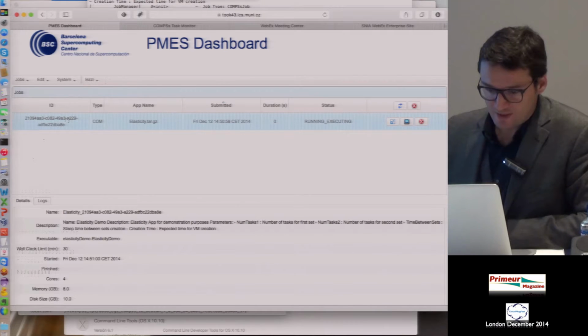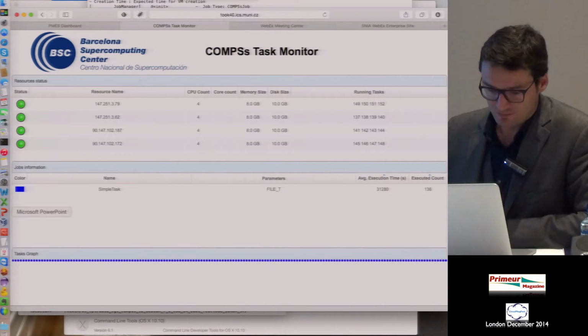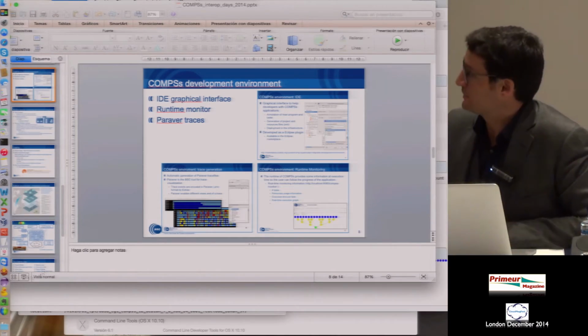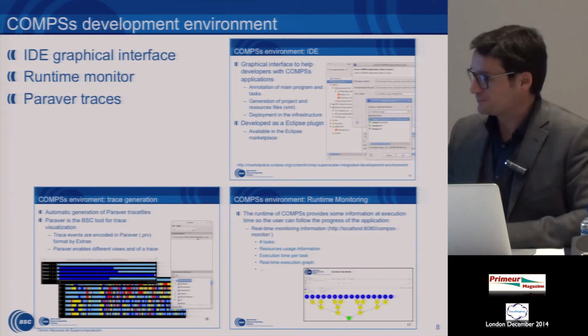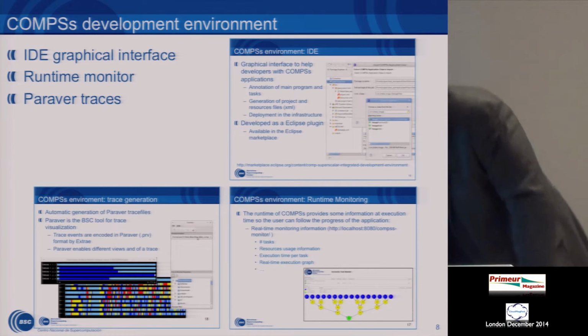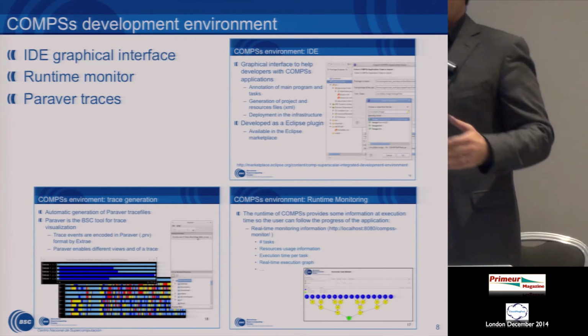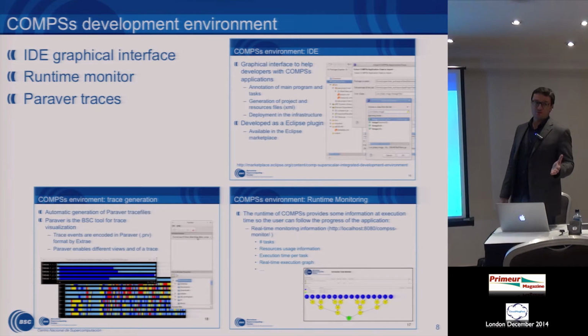So, in the meantime, we can go back to the slides, and I can describe more details about COMPS. So, as I said, the user doesn't have to deal with details of a specific programming API or language like MPI or OpenMP.